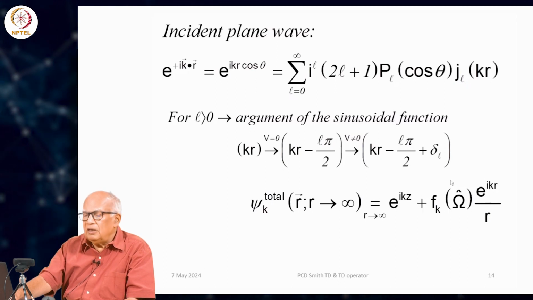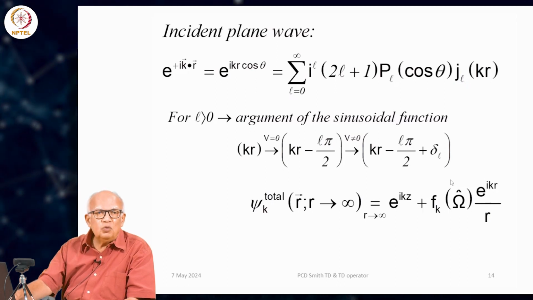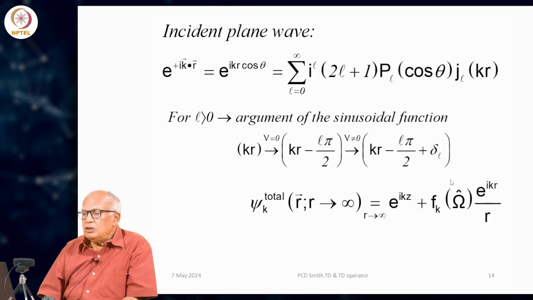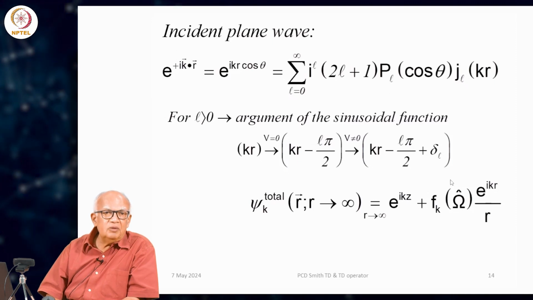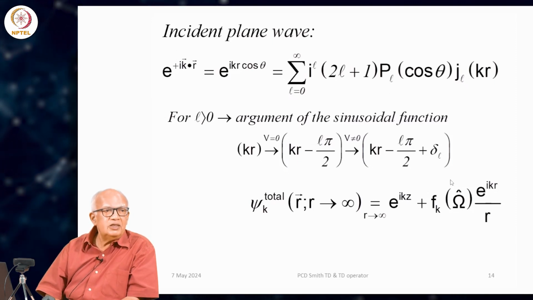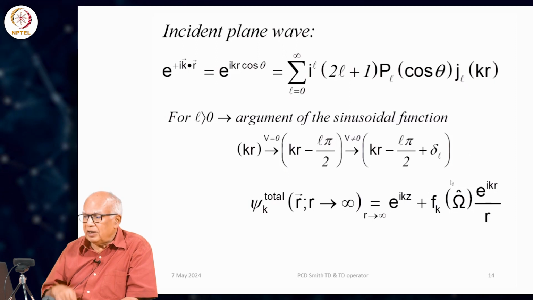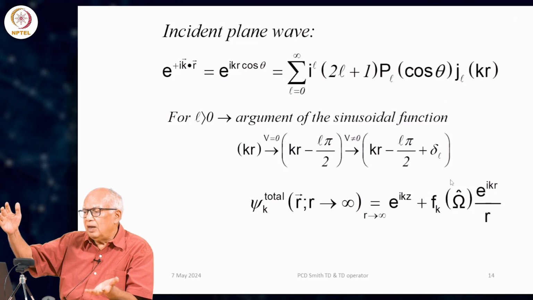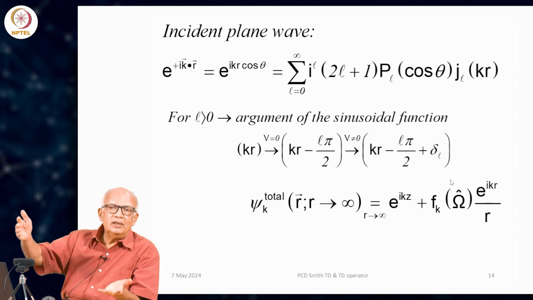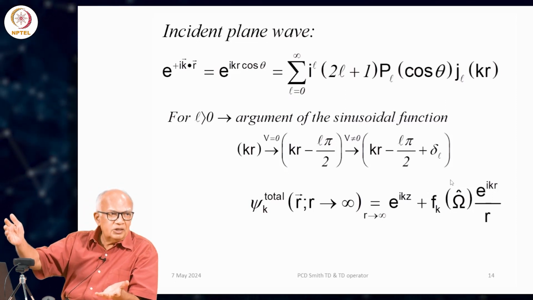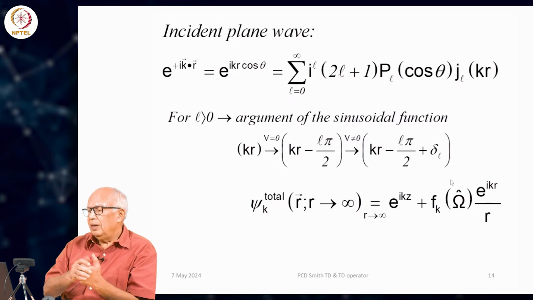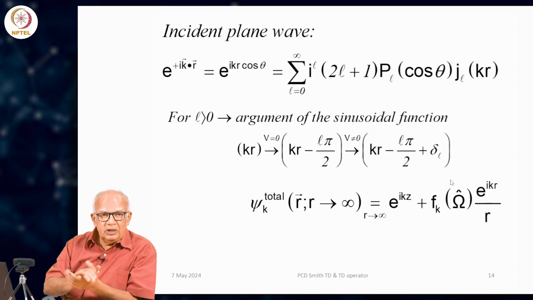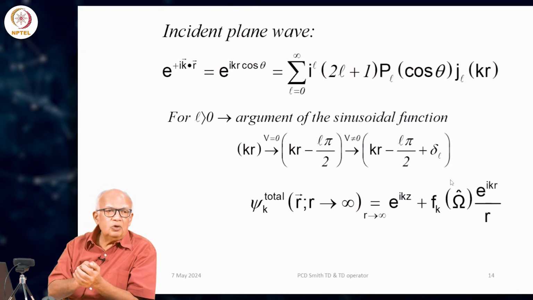This is a term which is not always used, but I think it is very useful. This is not the solution of the differential equation, but it expresses the phenomenon of scattering: you have an incident plane wave, and it gets scattered out. There is an outgoing wave, outgoing because there is a time dependence e to the minus i omega t coming from the stationary state solution, and the 1 over r takes care of the amplitudes, and there is a scattering amplitude which depends on angle.